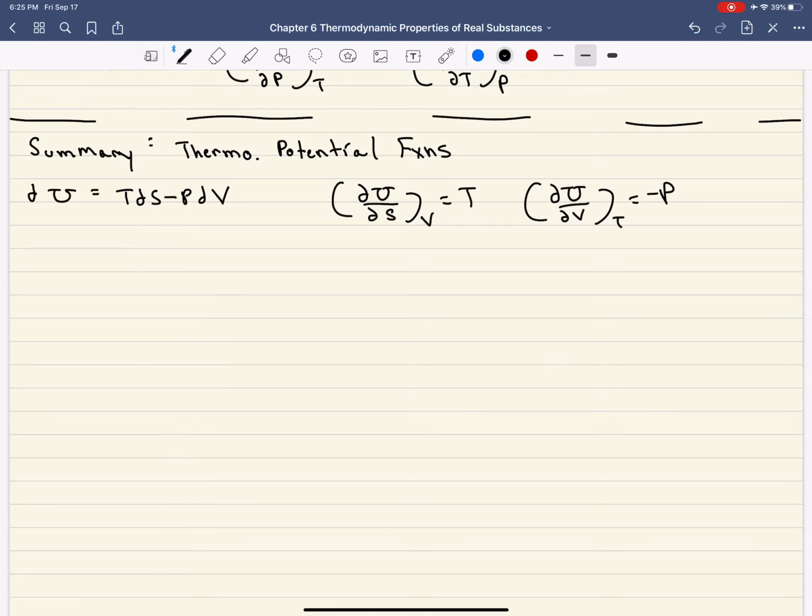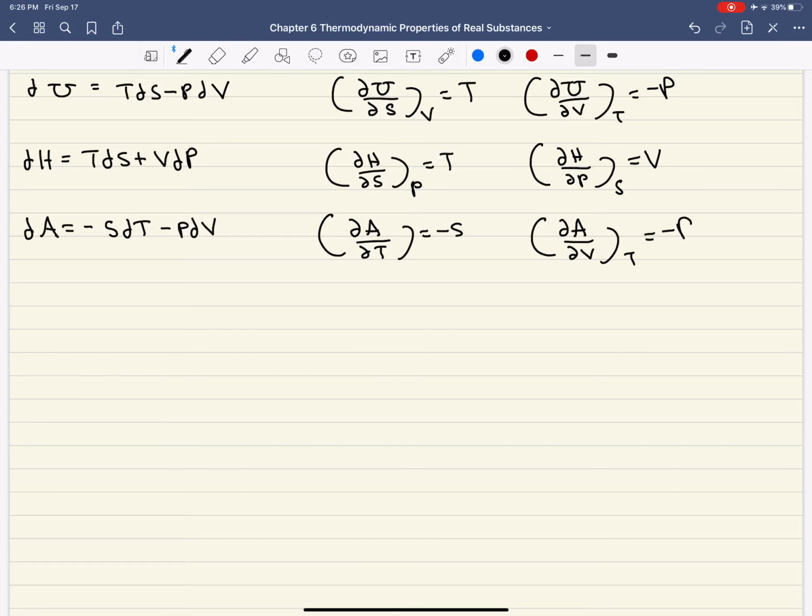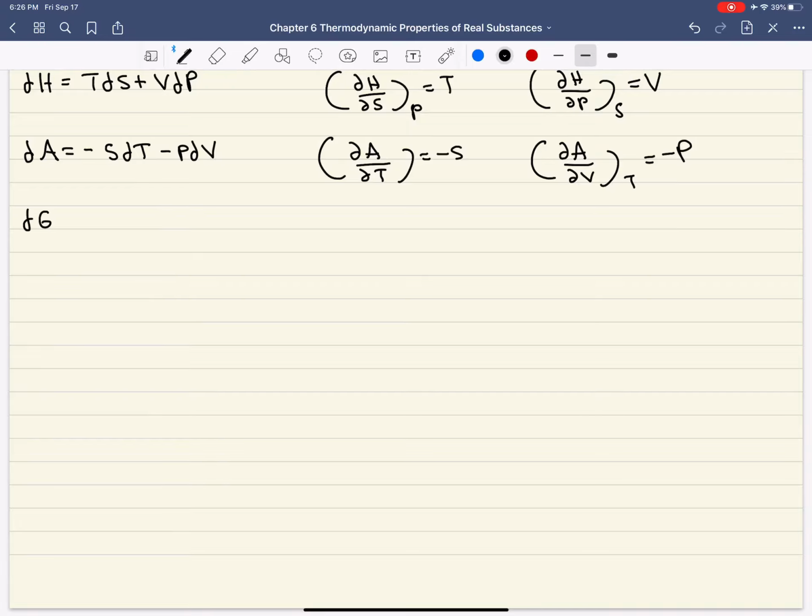For the enthalpy, the fundamental equation is TdS plus VdP. dH/dS at constant P is equal to T, dH/dP at constant S is equal to V. Helmholtz: dA is equal to minus SdT minus PdV, where dA/dT is equal to negative S, and dA/dV is equal to negative P. And finally, the Gibbs energy: dG is equal to VdP minus SdT.